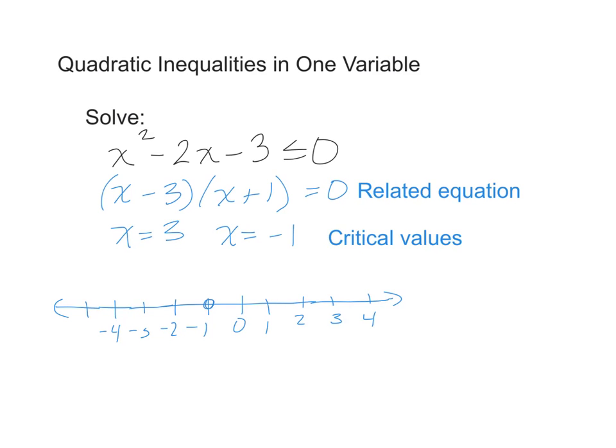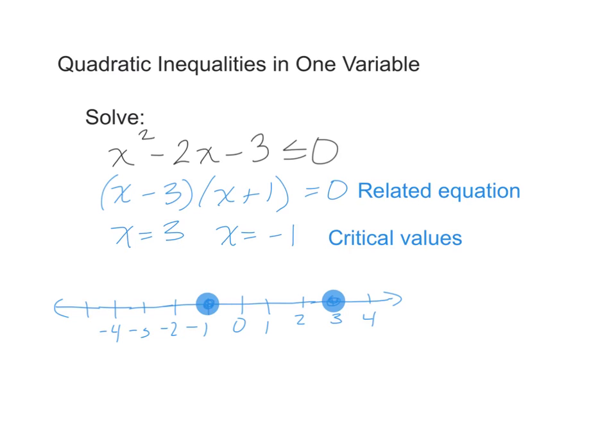Critical values are here and here. Closed circles, right? Because it's a less than or equal sign if we look back.